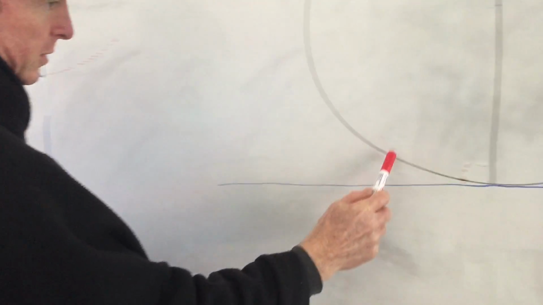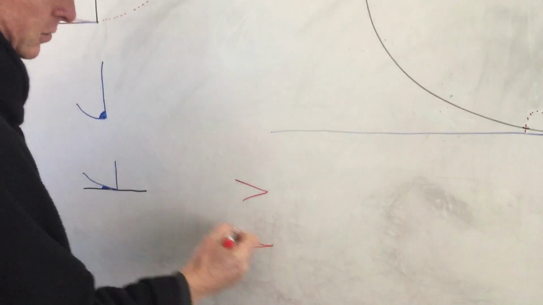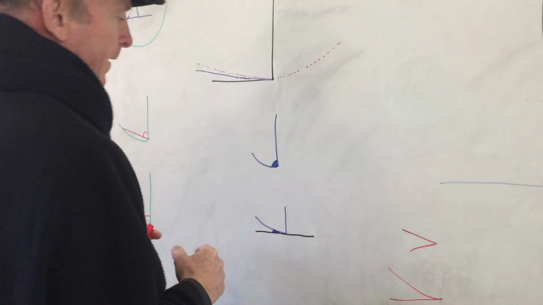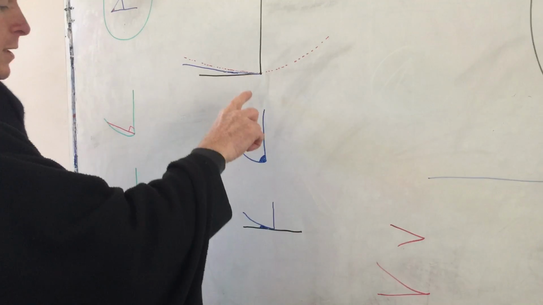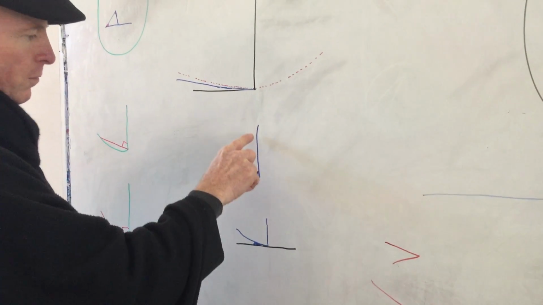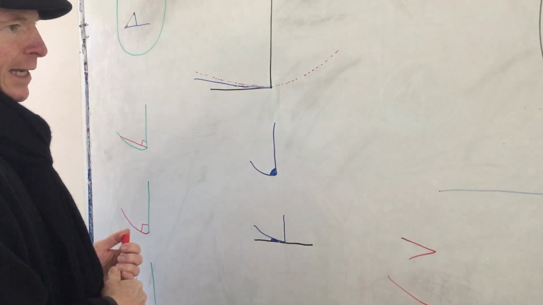And notice, when you talk about here and here, that's an angle, but it's no longer a rectilineal angle. This would be a rectilineal angle. This would not be a rectilineal angle because one of the lines is curved, okay? We're going to say that the angle of the circumference, that is to say, the angle formed by that diameter and the circumference, that's called the angle of the circumference.